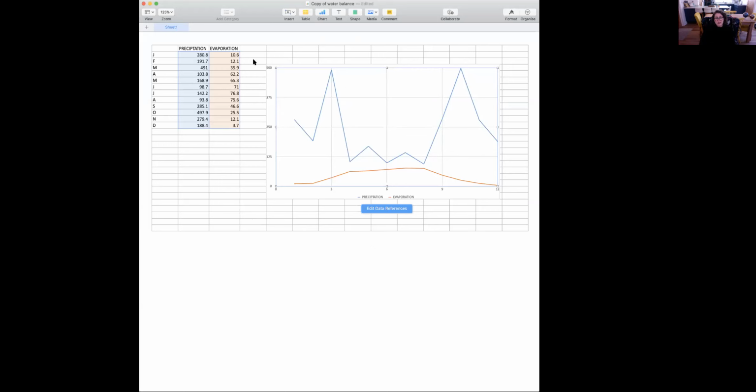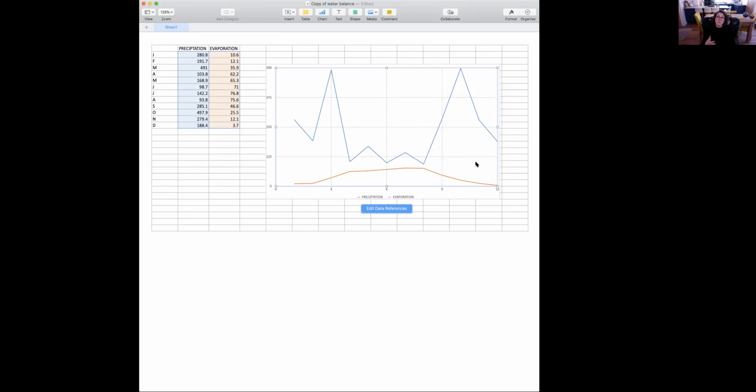Now, part of this task is getting you to think about selecting the right data to create the right graph, okay? Because we're trying to make a model of a water balance graph, you only need the precipitation and the evaporation. Now the River Wye is quite interesting because the evaporation rate actually never overtakes the rate of precipitation.